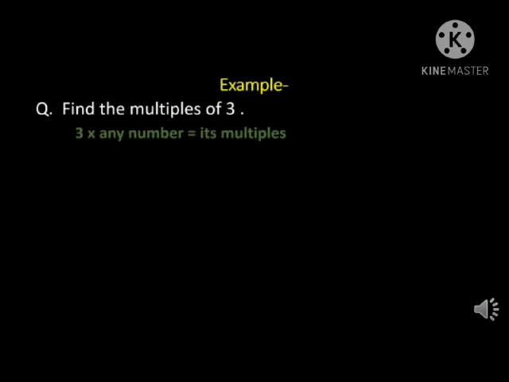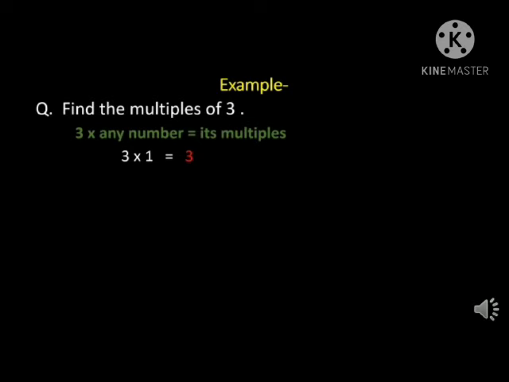For example, let us find the multiples of 3. So from the definition, we can multiply the given number 3 with any number and get its multiples. So let us multiply it with few numbers to list off few of its multiples.